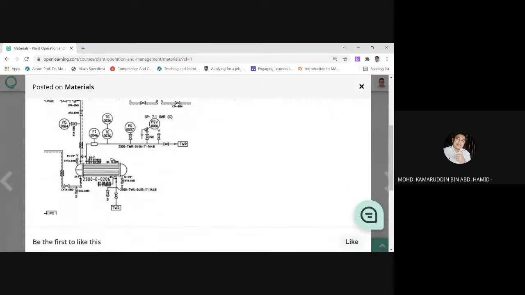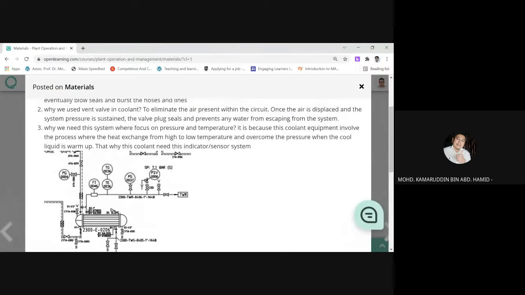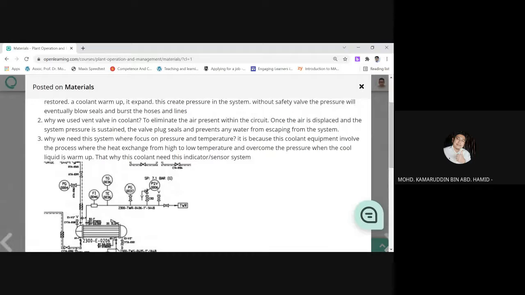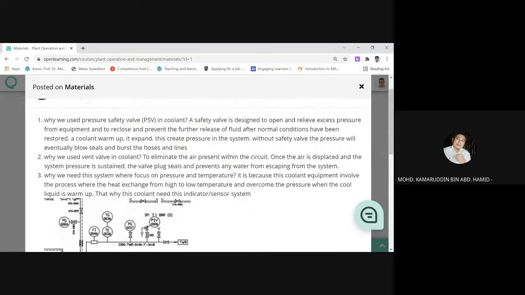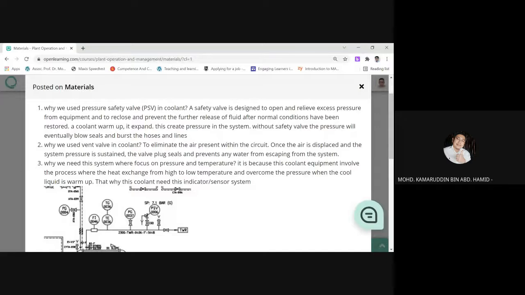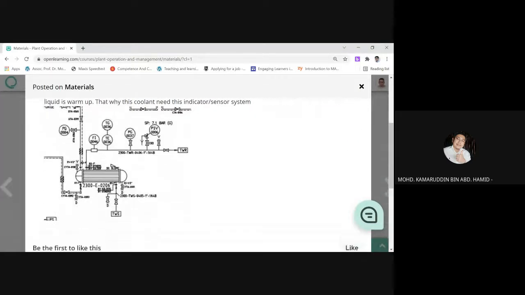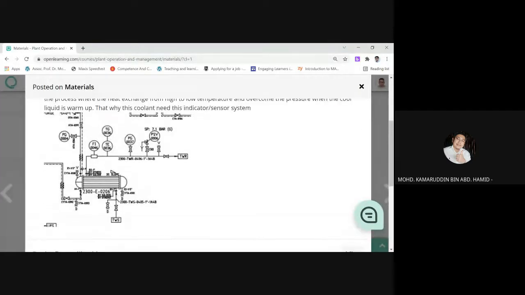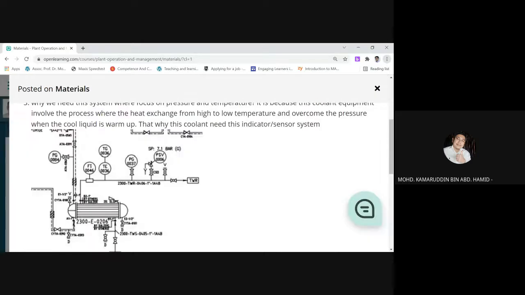Hanani, the process, pressure, temperature. Okay, PSB, mana PSB? Okay, PSB, right. The question asked over here is why that you need to have a PSB at the top of this cooler. Nampak tak?